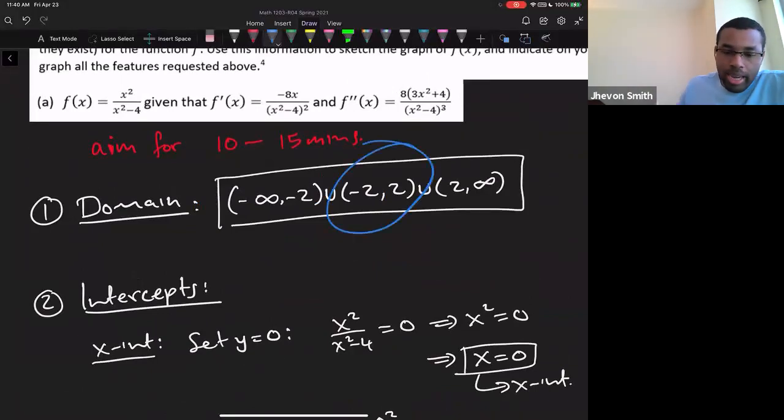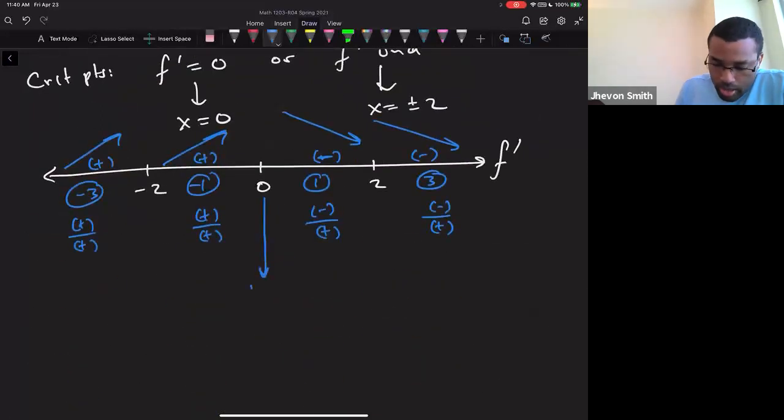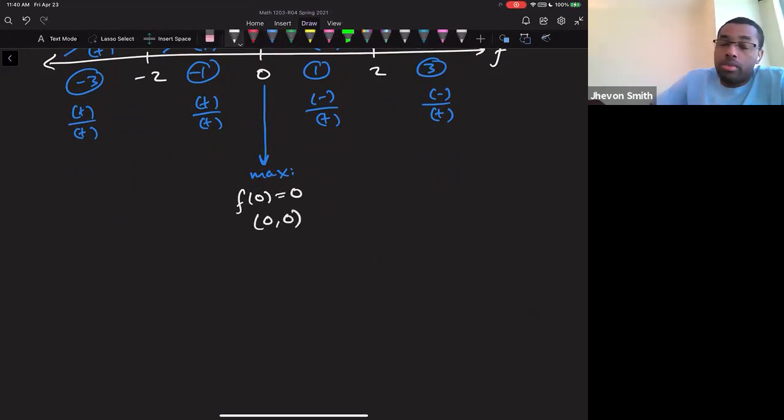So it's in the domain, and we're increasing on the left, decreasing on the right. So this guy gives us a max. We need to find the coordinate for the max, which means we need to find f of 0, but we know that's 0. So 0, 0 is the coordinate of the maximum. There's a maximum point that occurs at the origin.